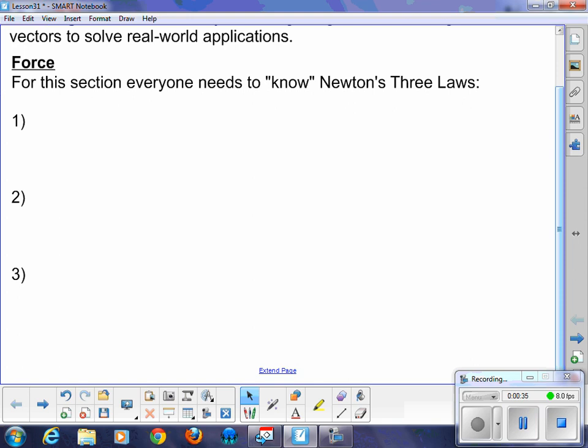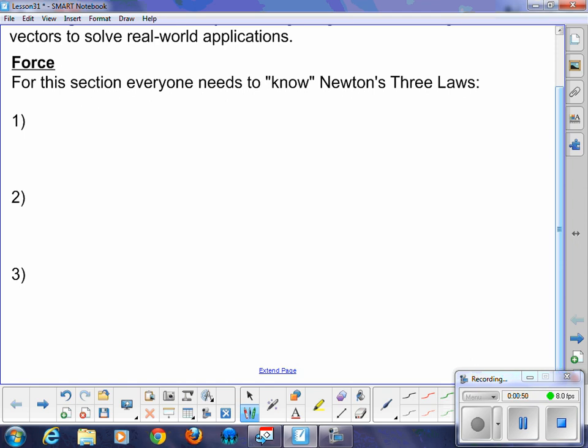Okay, so for this section, you do need to know Newton's three laws, and I have "know" in quotations because you're not going to be tested on it, and it's really only the second law you need to know. I'll explain why, and I'll try to avoid it in the assessment because I know not everyone has taken physics.